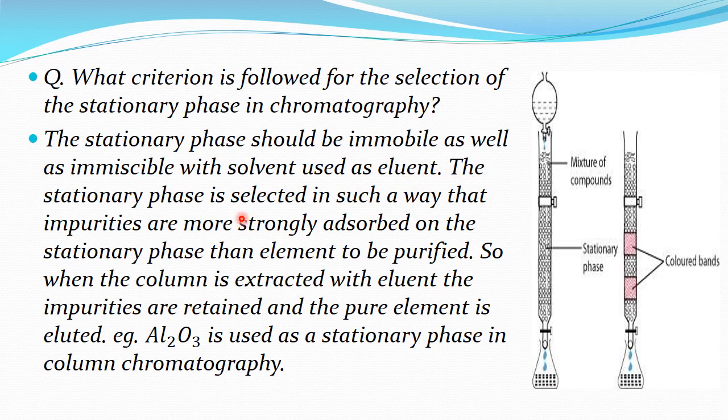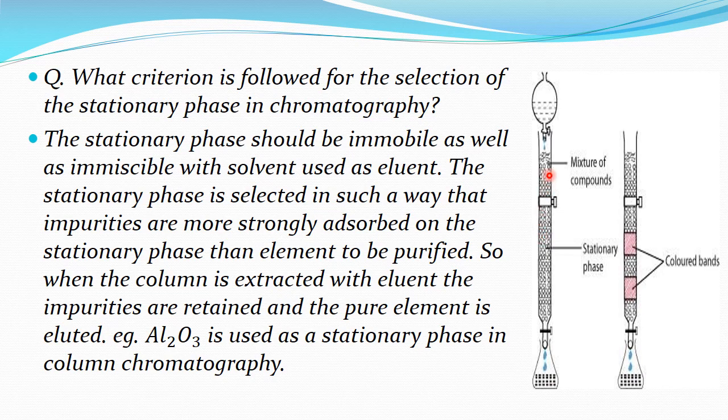The stationary phase is selected in such a way that impurities are more strongly adsorbed on the stationary phase than the element to be purified. Actually, in metallurgy, why are we using chromatography? For refining impure metal. Impure metal contains impurity and pure metal. So what is the condition here? The stationary phase should adsorb impurity more than the element.